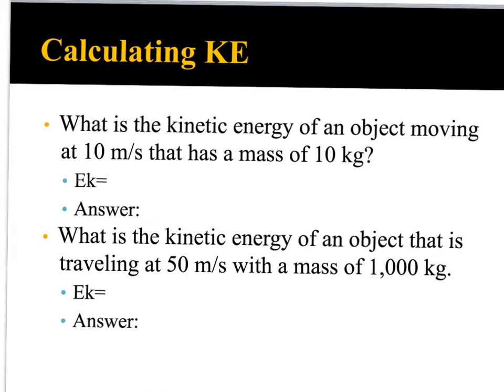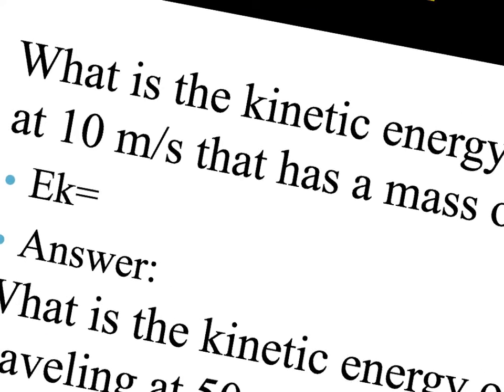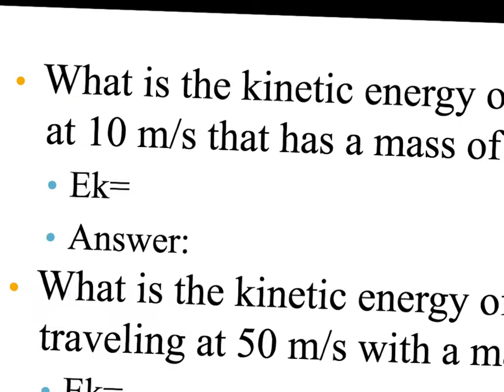So our kinetic energy, we know the mass of the object is 10 kilograms. It's moving at a velocity of 10 meters per second. So our formula for kinetic energy, once again, we're going to have to solve this. These are pretty basic equations so far. Half the mass times the velocity squared. So I'm going to plug in my numbers.